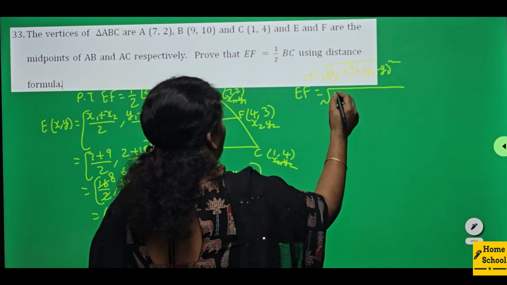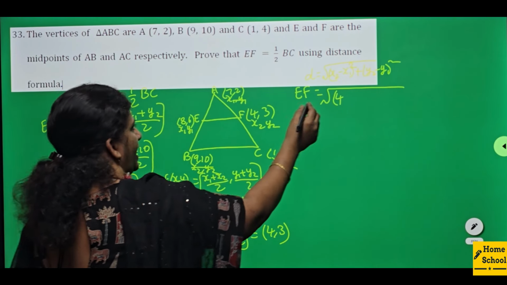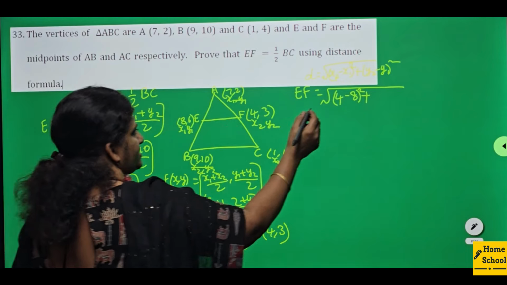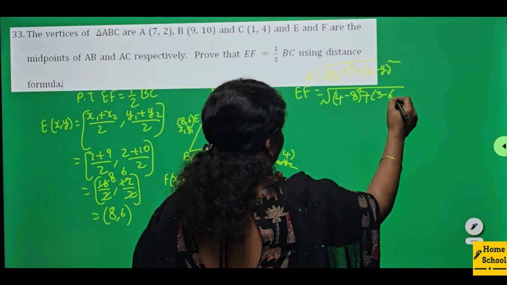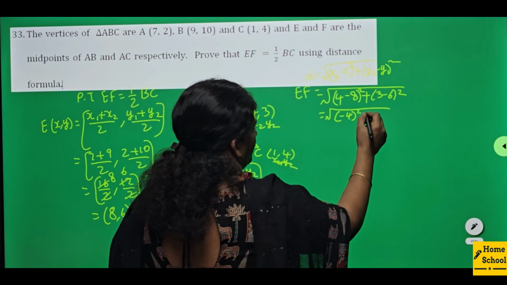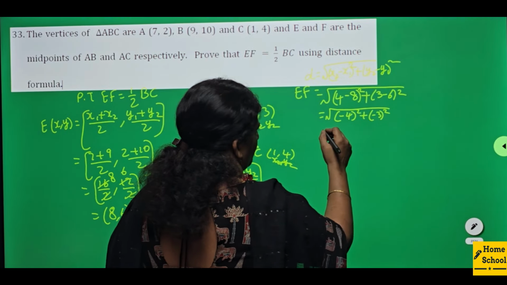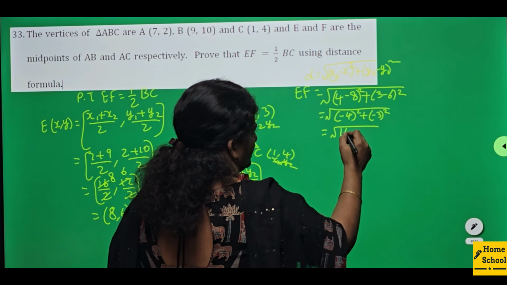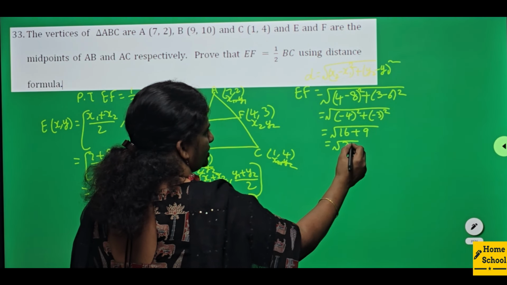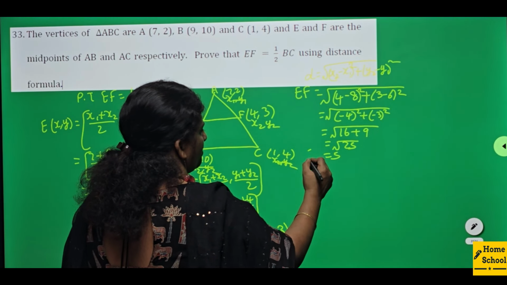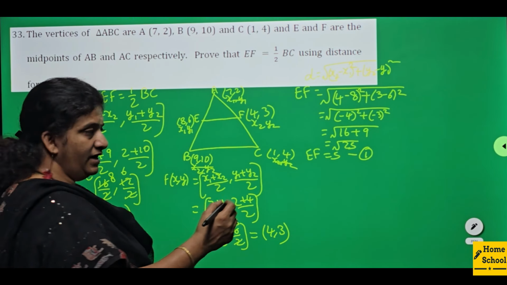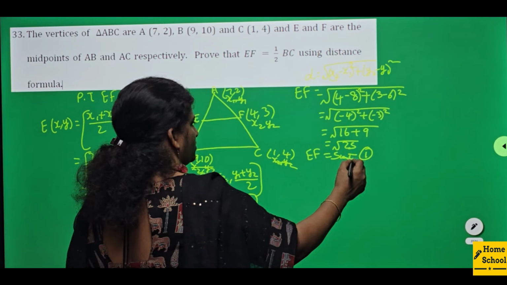EF distance: 4 minus 8 whole square plus 3 minus 6 whole square. 4 minus 8 will be minus 4 whole square. 3 minus 6 will be minus 3 whole square. Minus 4 whole square is 16. Minus 3 whole square is 9. Square root of 16 plus 9 is 25. Square root of 25 is 5. I got EF as 5 units. Distance, right? So if you want, you can write units here also.